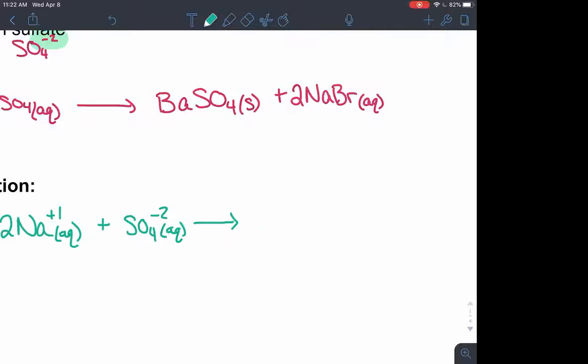So careful on this one. See how the whole thing is a solid? Yeah. So we're going to keep this whole thing together. So we're just going to rewrite that one right here as a solid. Okay.